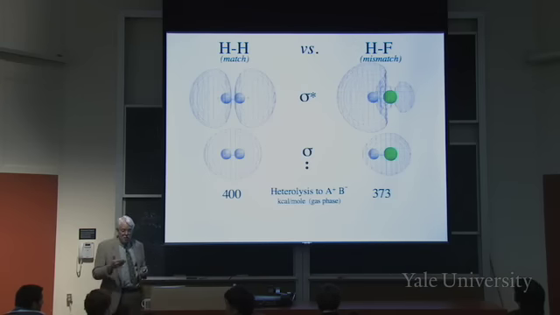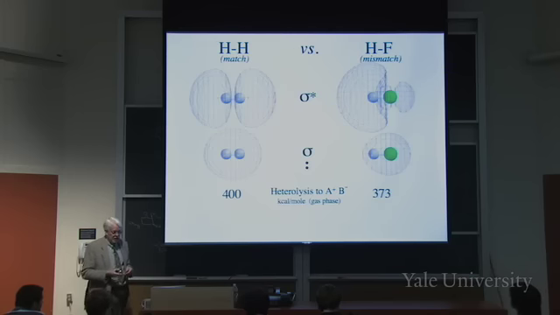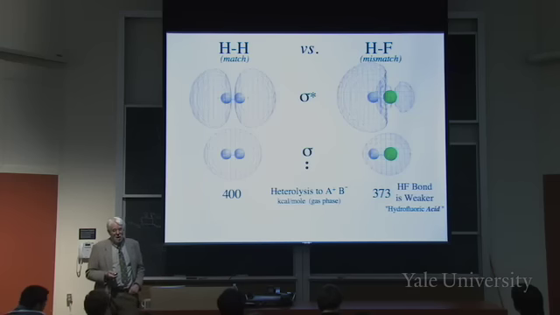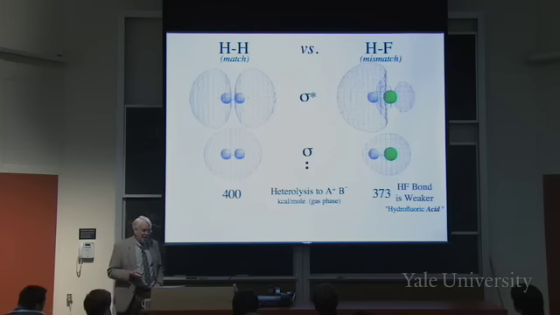It can happen in solution, but it's not so easy in the gas phase, which is what we're talking about. Okay, so indeed, we were right that mismatch weakens the bond for heterolysis. The HF bond is weaker. That's why you call it hydrofluoric acid, right? Because it can easily break off an H. You don't call H2 hydrogenic acid or something like that, right?